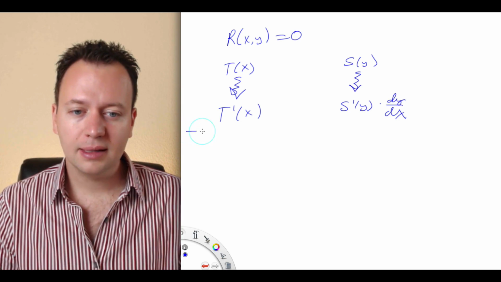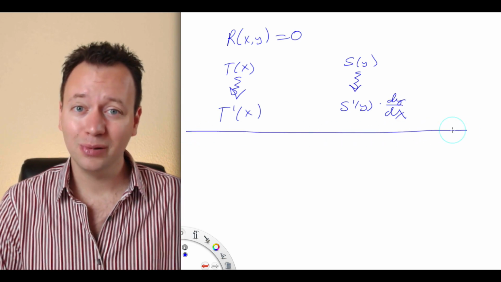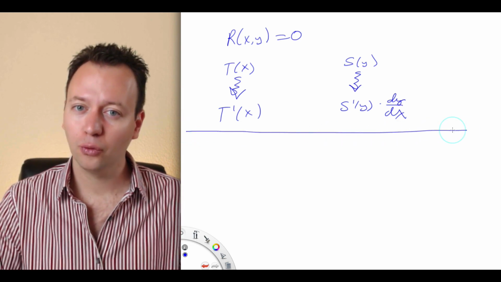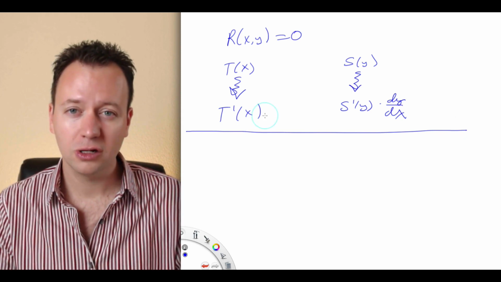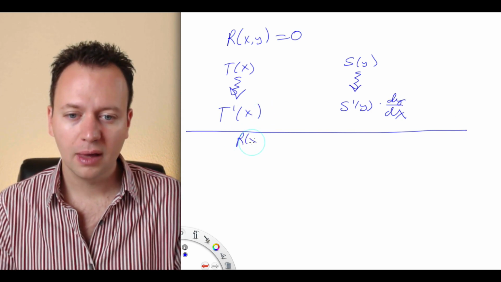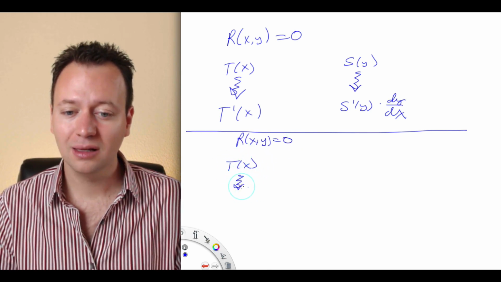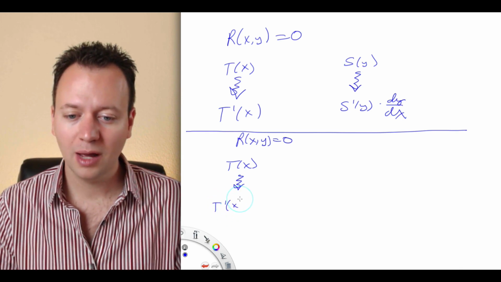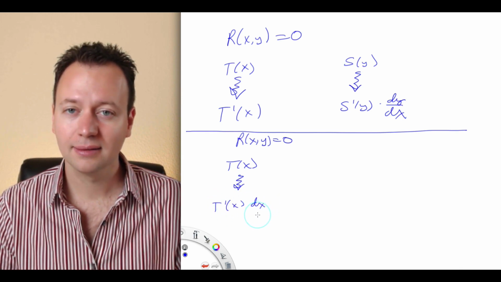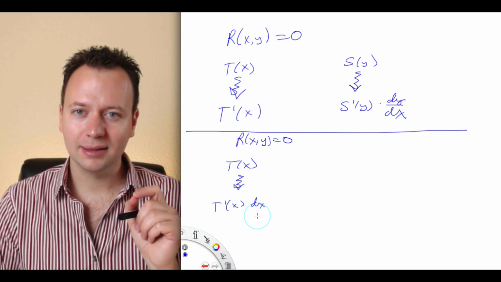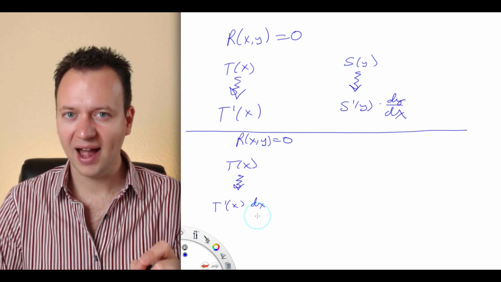Now when we, instead of differentiating implicitly, take the differential of an implicit equation, something different happens. So if we have an implicit equation like this, and we have one term or a factor that depends on x, when we take the differential, it becomes t prime of x times dx. So we always multiply by a chain rule factor.